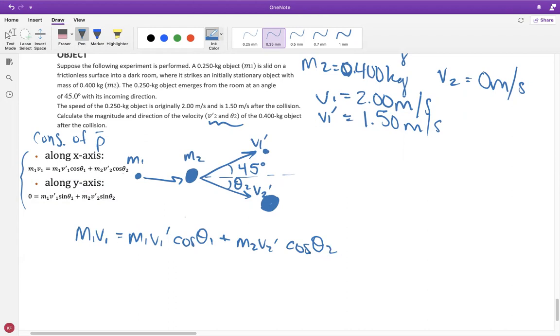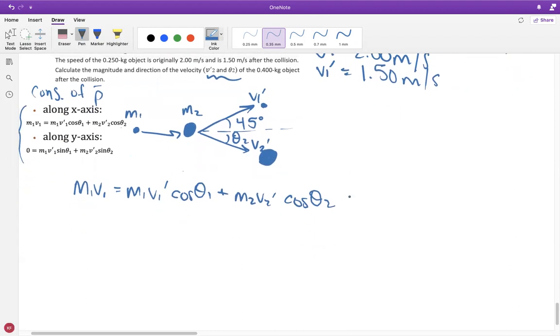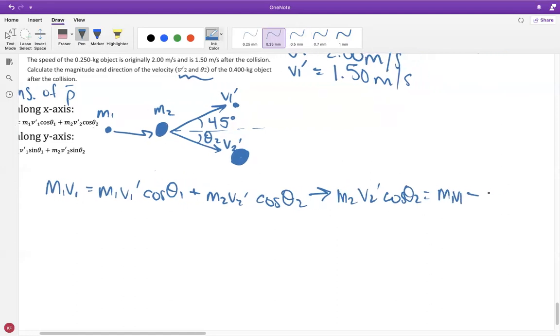If we want to solve for V2 and theta 2, let's rearrange this: M2 V2 prime cosine theta 2 equals M1 V1 minus M1 V1 prime cosine theta 1.